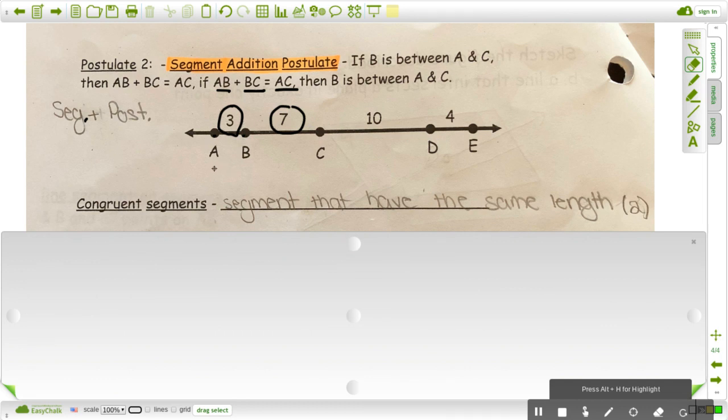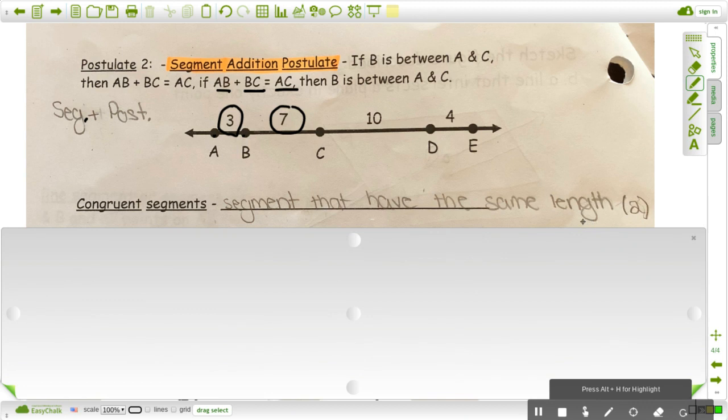So this entire thing is 10. The distance is 10. And this entire thing, as it is already given, is 10. So congruent means it's talking about the segments, it's kind of talking about the distance, but not really.